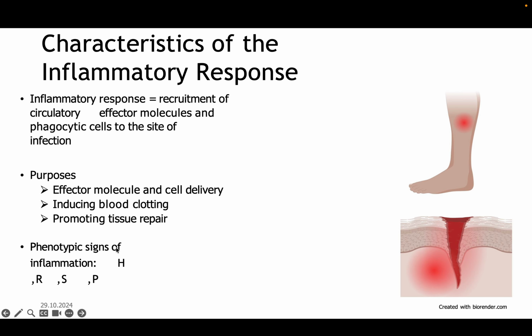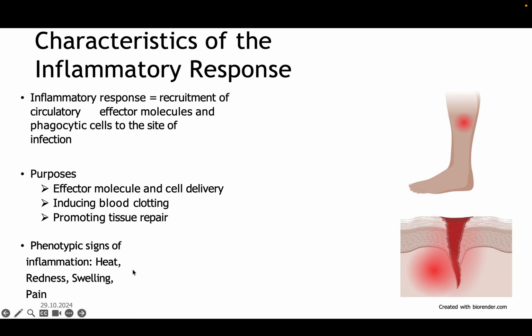The phenotypic signs of inflammation are four: heat, redness, swelling, and pain, which I'm quite sure you've all experienced. If you have ever been playing outside and got a splinter, a small piece of wood inside your finger, of course now the splinter's inside and there's some inflammation happening.